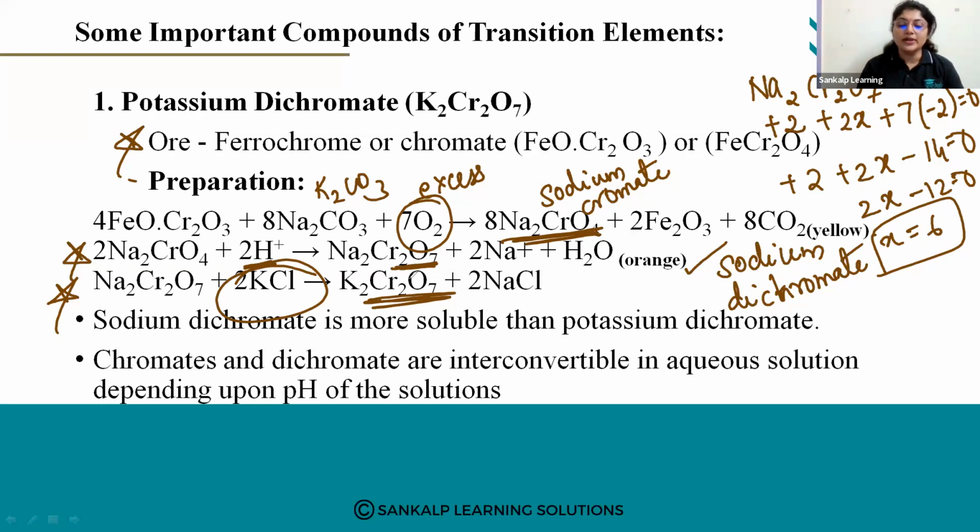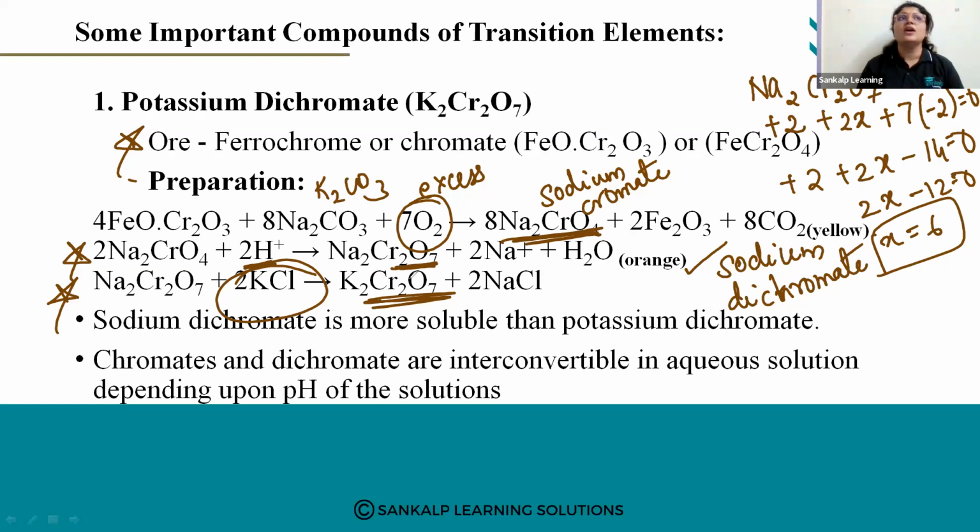Now, what about the properties? Potassium dichromate is used as a standard solution. Why is it used as a standard solution? Because it has a perfect dark orange color. So it is used in volumetric estimation. What do you mean by volumetric analysis?